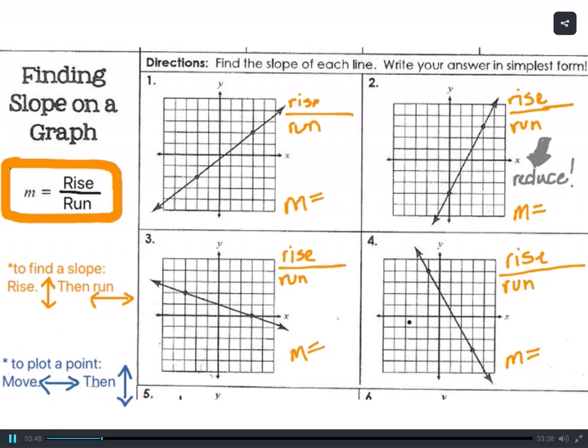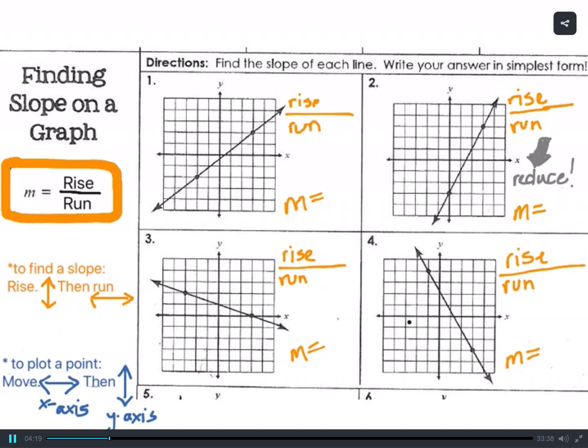To plot a point, you can see in blue, is the exact opposite way. To plot a point, we move on the x-axis first, and then we move on the y-axis. So you might want to pay extra close attention here because it can get difficult when you start mixing these two things up, okay?